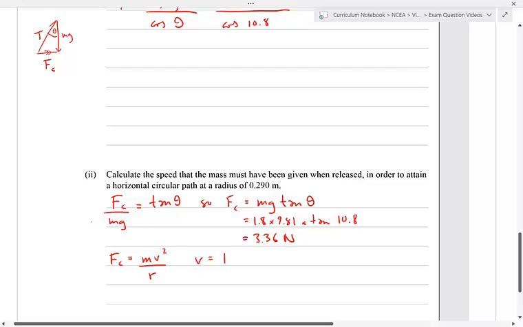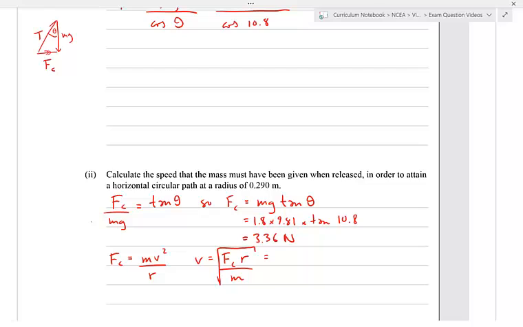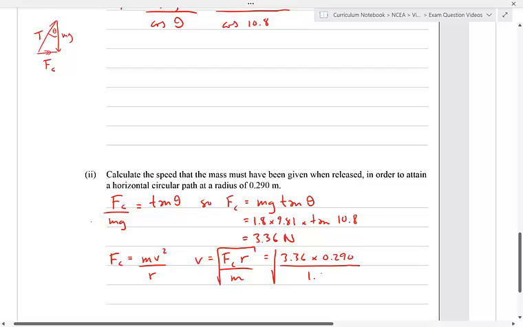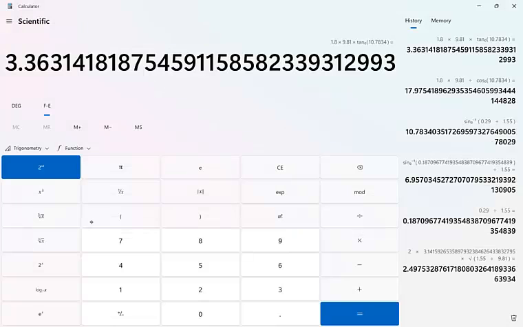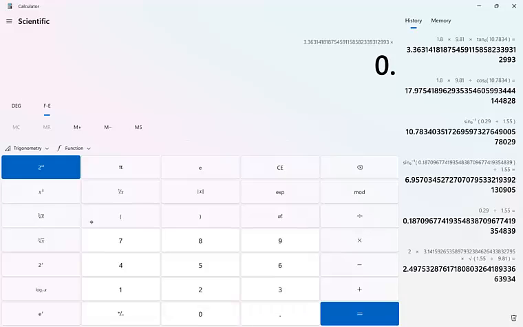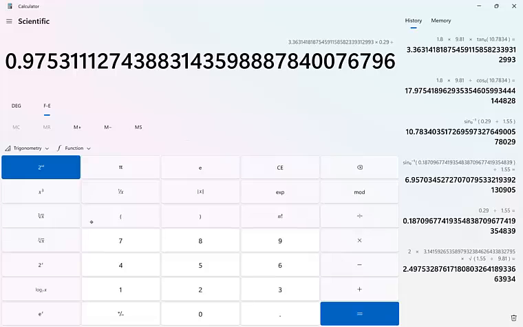So v is equal to the square root of Fc times r over m, which is the square root of 3.36 times the radius, 0.290, over the mass, which was 1.8.